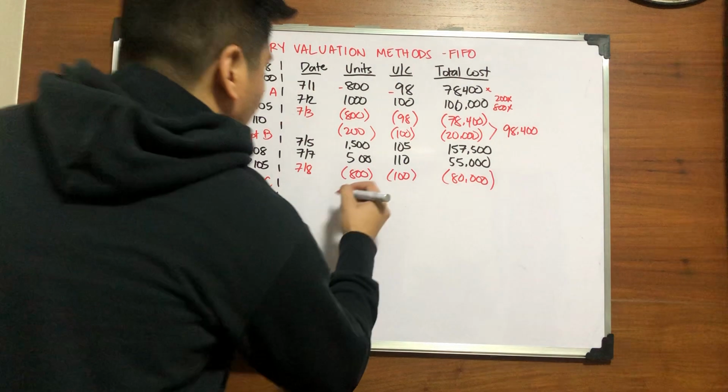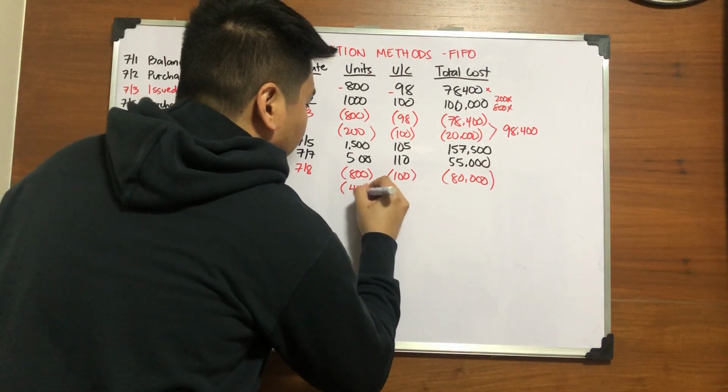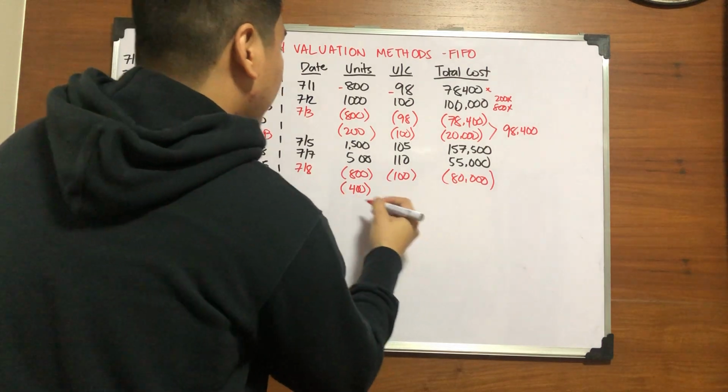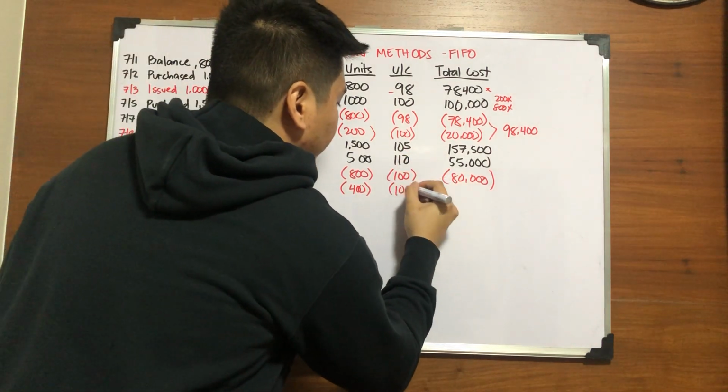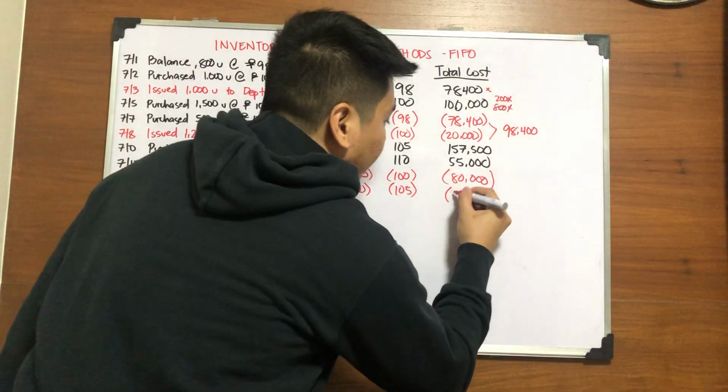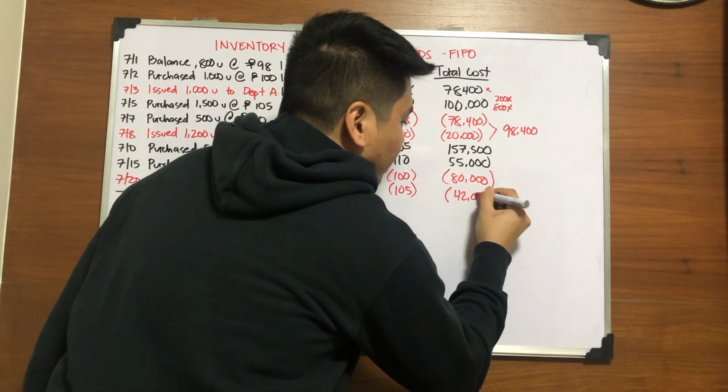Okay, so we use 400 here, and we get 105. That would give us 400 times 105, which is 42,000, plus 82,000. We will get 122,000.